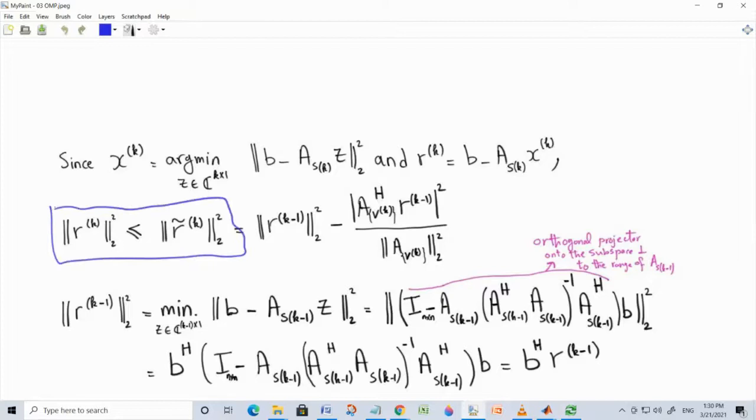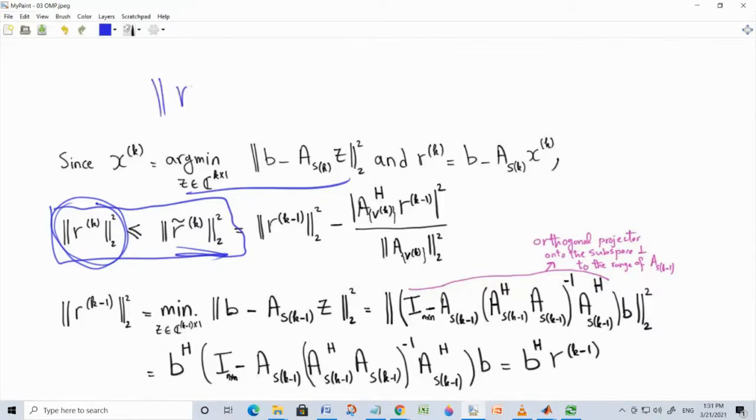If you optimize over the k variables, you will definitely get the same or a lower residual relative to the fictitious case, which we do not actually do in OMP, in which we fix k minus 1 variables and optimize the coefficient of the new column in A. This quantity comes from a full-scale minimization problem, while in this one we fix k minus 1 variables.